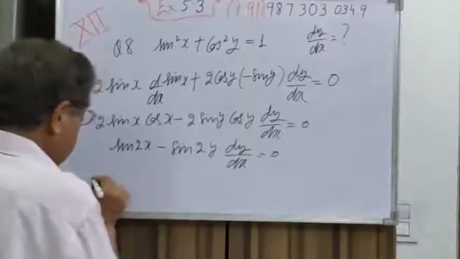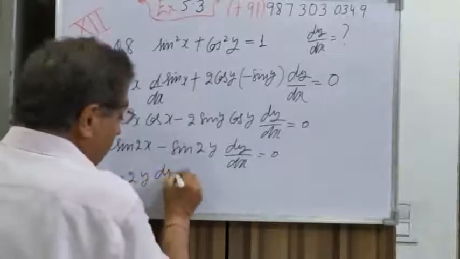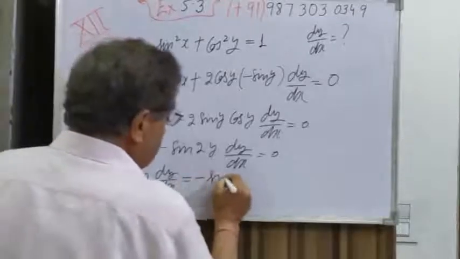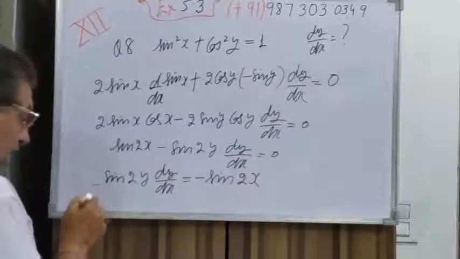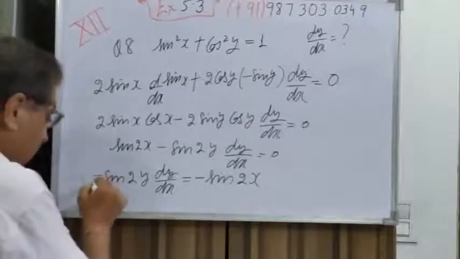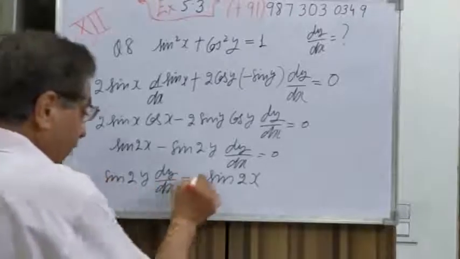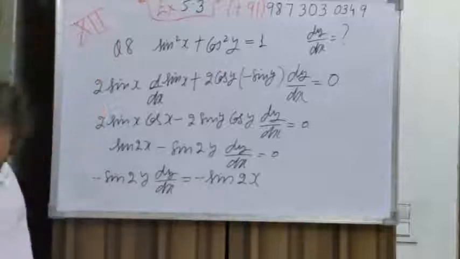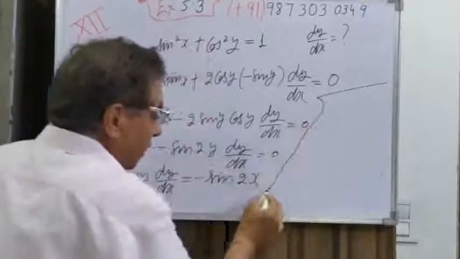That gives us minus sin 2y into dy upon dx is equal to minus sin 2x. Let us cancel out the negative sign from both sides, so we are left with sin 2y dy upon dx equal to sin 2x.